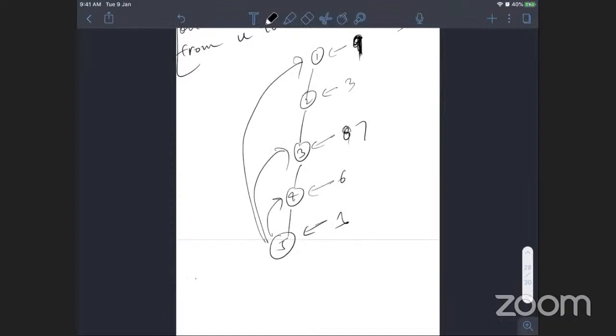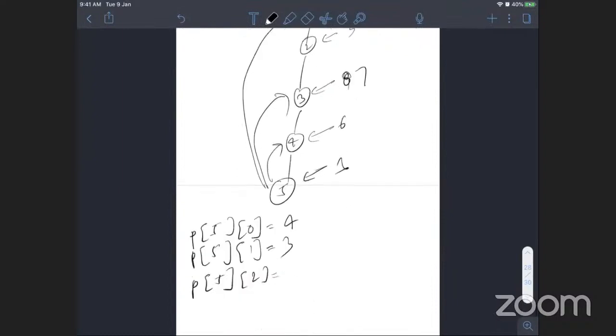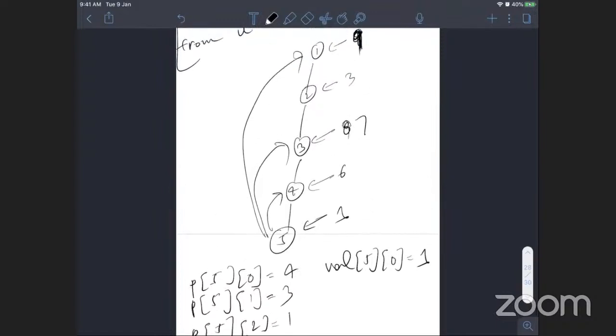Then P[5][0], sorry, what will P[5][0] be? P[5][0] will be 4, correct? What will P[5][1] be? 3. What will P[5][2] be? 1. Now what will val[5][0] be? It will be 1. It's like from this guy to this guy.